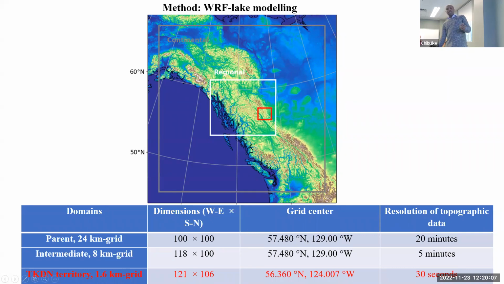These are the sizes of the grids used, but what we are concerned about is the smallest domain, which is the Dene Nation Territory area. This area I show here is gridded into 121 by 106 grid cells, each of them measuring 1.6 kilometers.